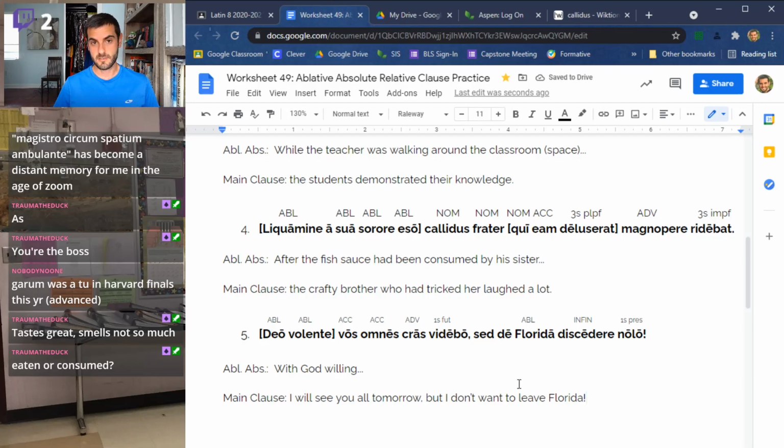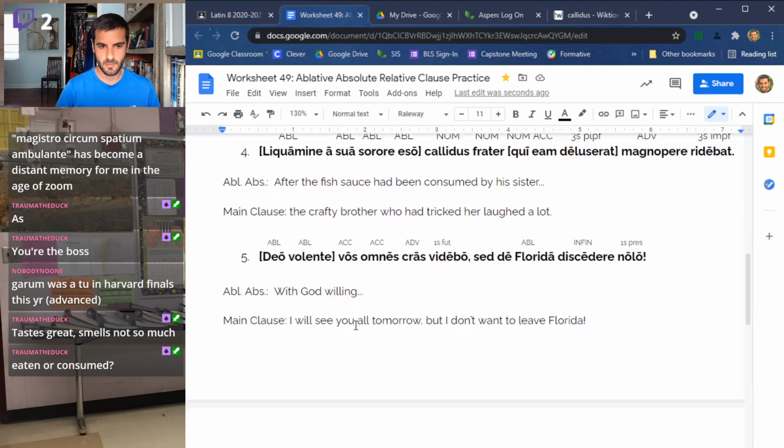I wrote this sentence and published this worksheet on Sunday. And it was very true to form as well. And God willing, the gods willed it. I saw you guys. All right.